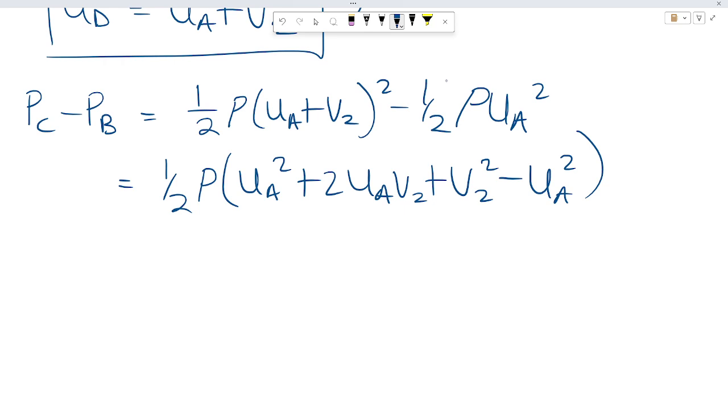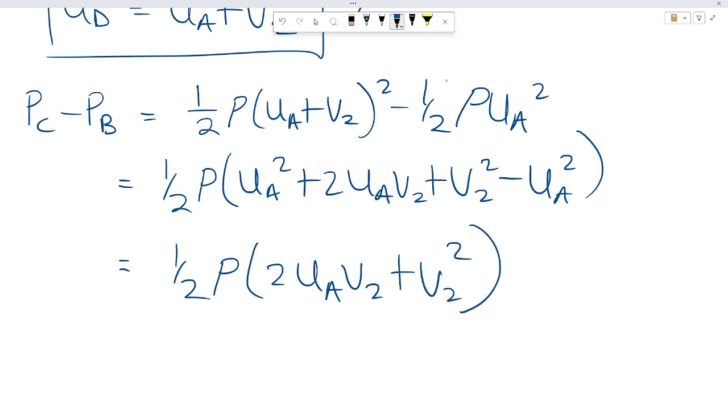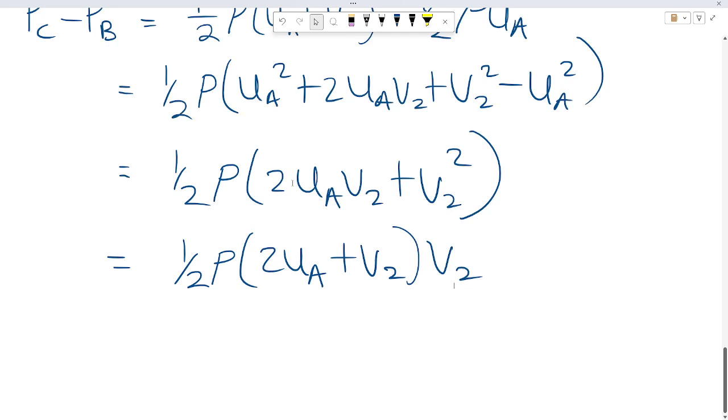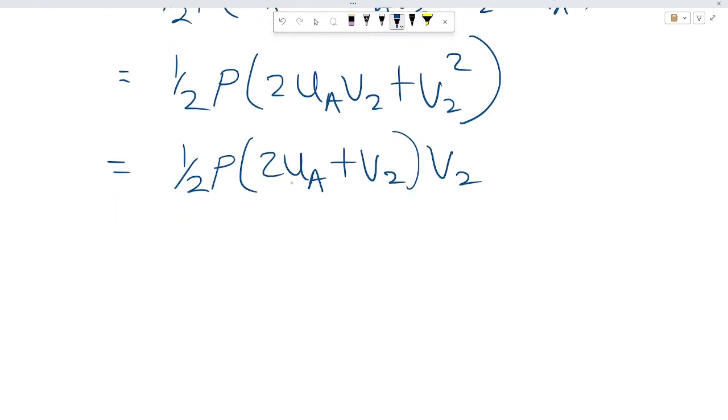And if that should be the case, that becomes half rho 2 UA V2 plus V2 squared, which becomes half rho, 2 UA plus V2, V2. Which is PC minus PB.